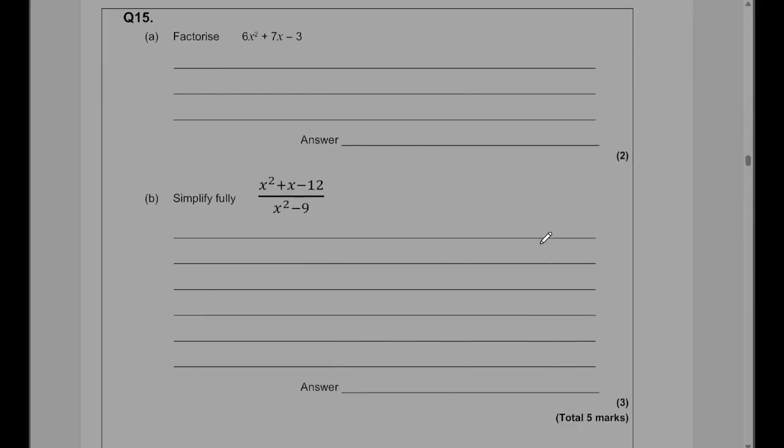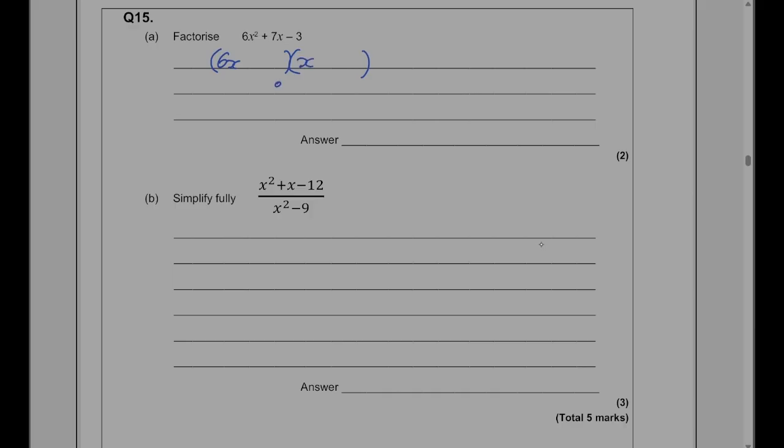Right, question 15, factorise. So we've got 6x squared plus 7x minus 3. So it's going to go into 2 brackets again, and I chose deliberately quite a difficult one because for 6x squared, we don't know whether that's going to be 6x and an x, or it could be 3x and a 2x.